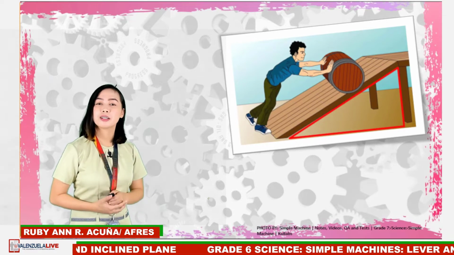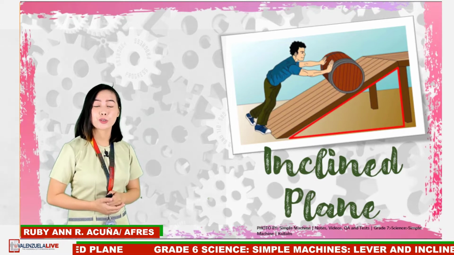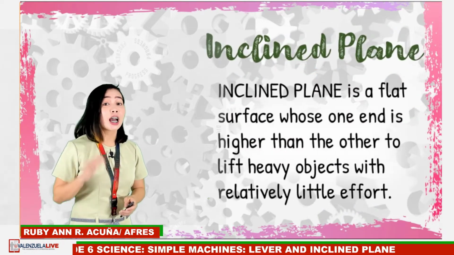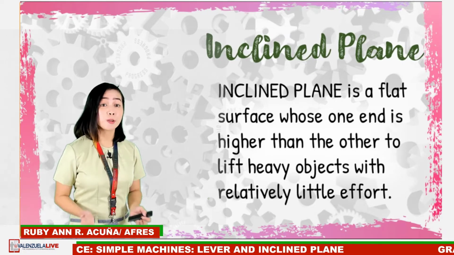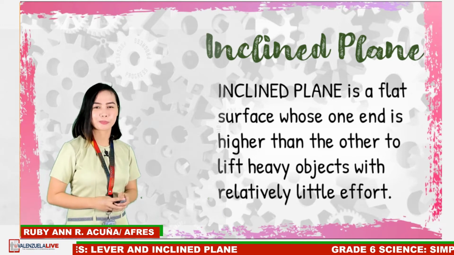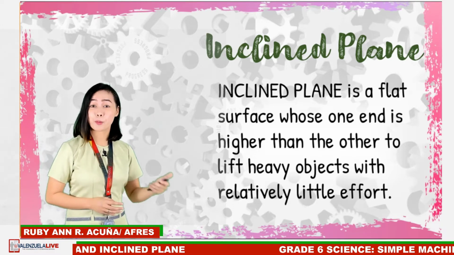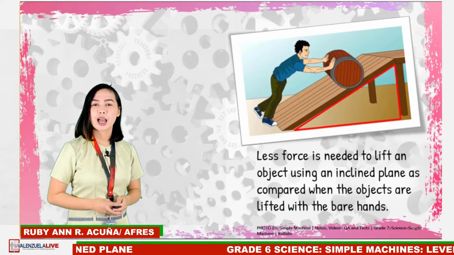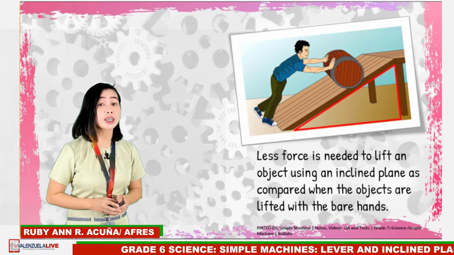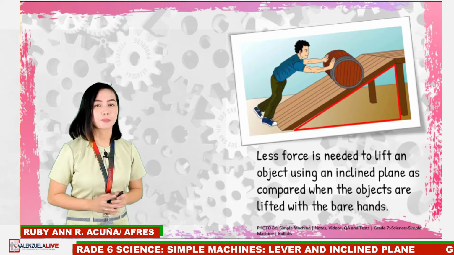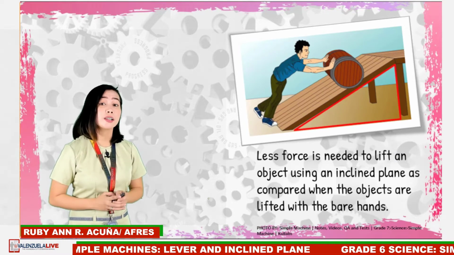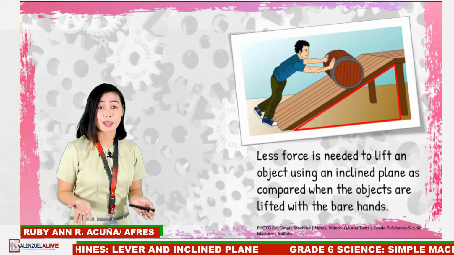Inclined plane is a flat surface whose one end is higher than the other, used to lift heavy objects with relatively little effort. In our picture, less force is needed to lift an object using an inclined plane as compared to when the boxes or the barrel are lifted with bare hands.